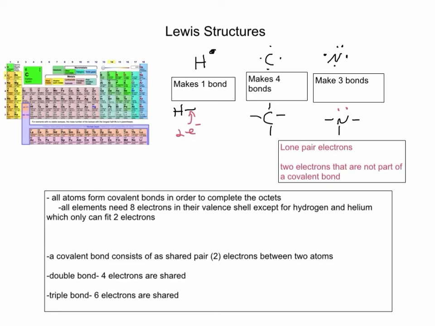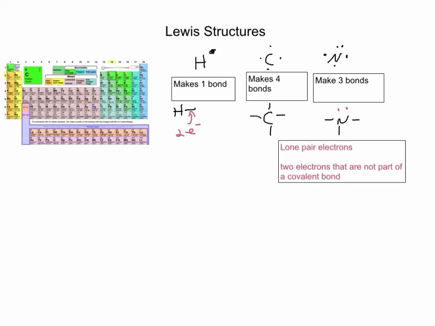Next on the periodic table we have the oxygen group, and oxygen has 6 valence electrons. And this means that it needs 2 more electrons to complete its octet. So oxygen will make 2 bonds when it's in a compound.